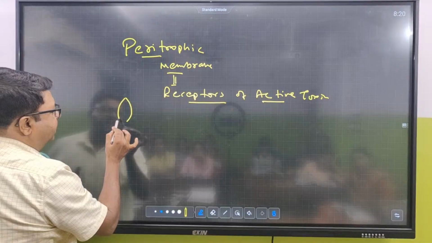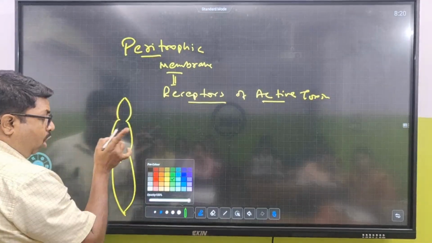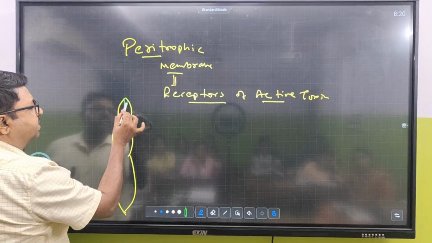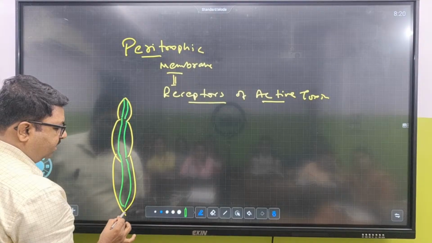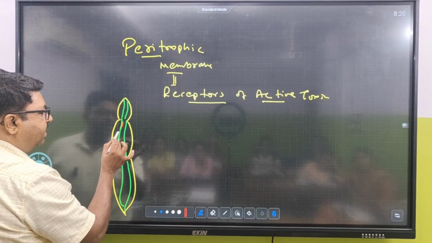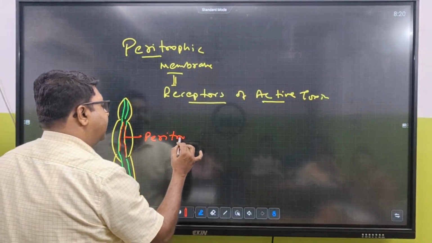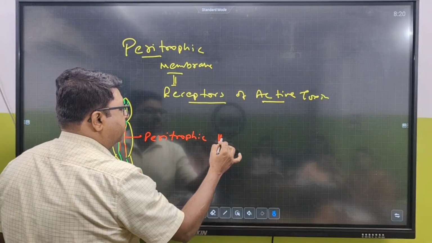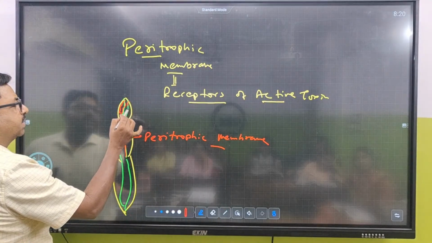Now, whenever the particular insect feeds on any part of the cotton plant, this is the foregut, this is the midgut, and this is the hindgut. In the midgut, this is the peritrophic membrane where the receptors are present. Now, these are the salivary glands.